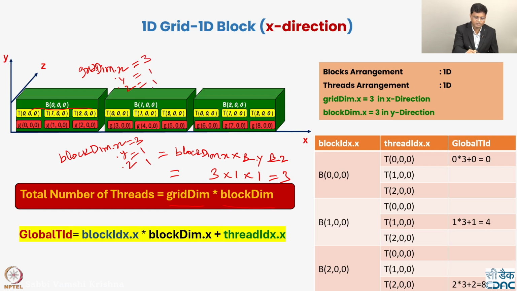If you multiply all these 3 parameters, you will get the answer 3. So, you can say that the total is 3 into 3 is equal to 9. So, in this arrangement I came to know how many blocks and how many threads there are. The total number of threads is 9, and when I see that visually, there are indeed 9 threads.